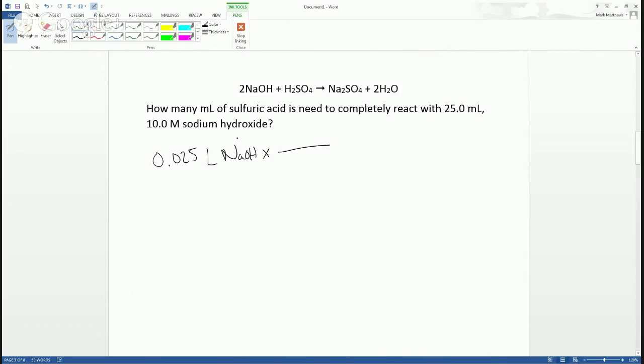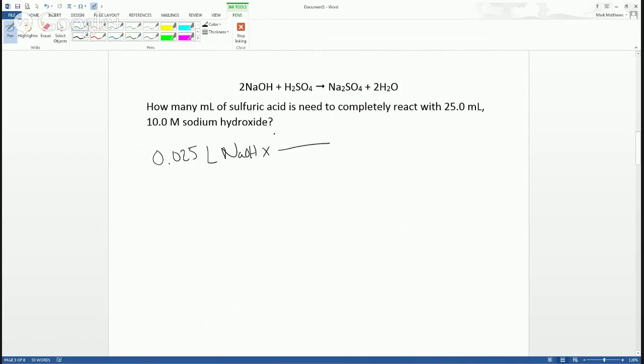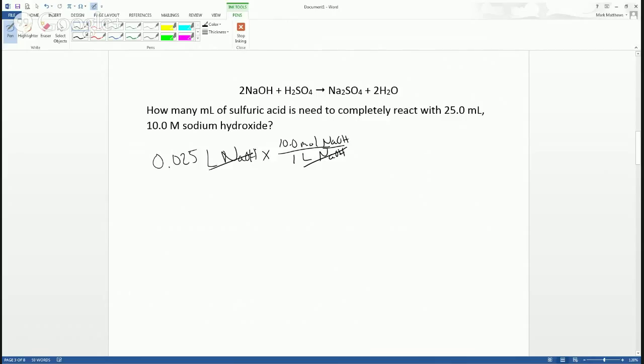So we convert that to moles using the given molarity. 10 molar means you have 10 moles of the stuff for every 1 liter. Now we convert moles of what's given to moles of what we want, which is moles of sodium hydroxide to moles of sulfuric acid. And according to our equation, it's a 2-to-1 ratio.